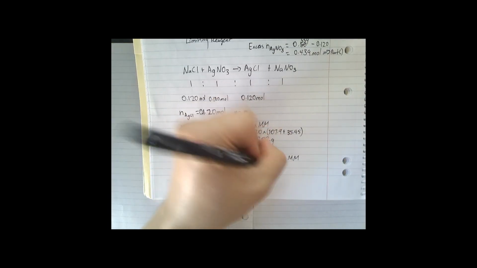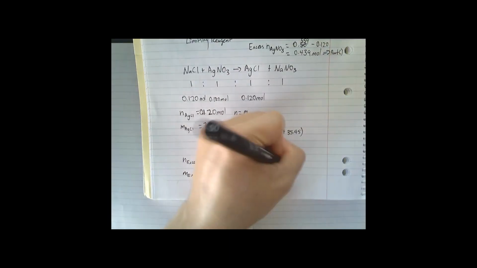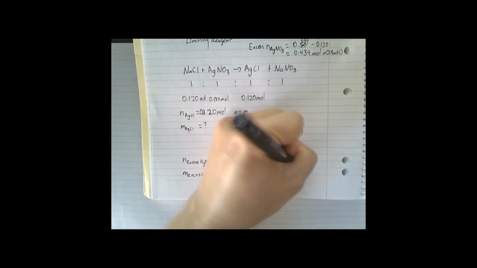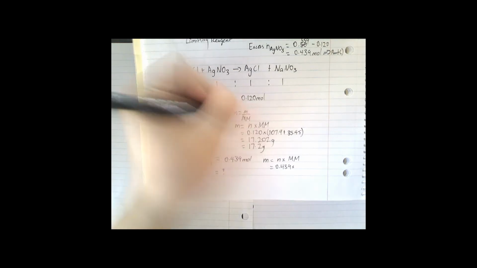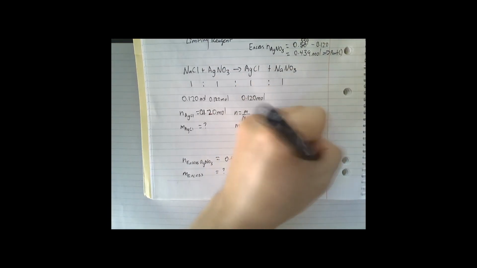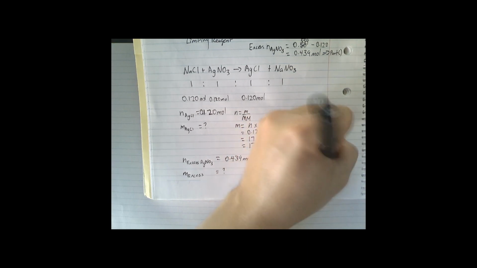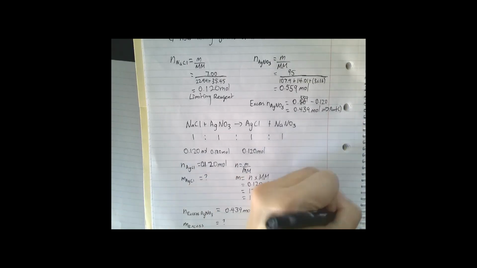That is going to be 0.439 times the molar mass of silver nitrate, which is 107.9. That's for the silver, plus the nitrogen, 14.01, plus the 3 oxygen, so 3 times 16. And that's all going to be put into brackets.